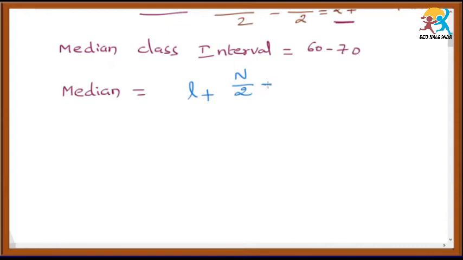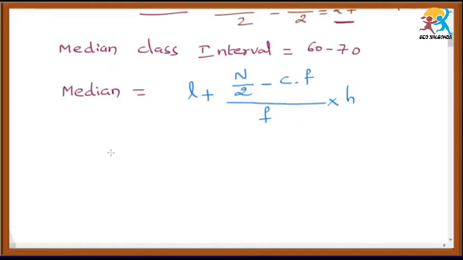From this n by 2 we have to subtract the cumulative frequency Cf, divided by f, into h. So here we have to know what is L, and we know n, and what is Cf and what is h, we have to find out.